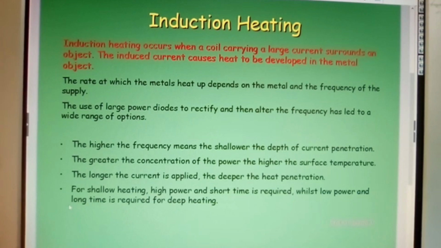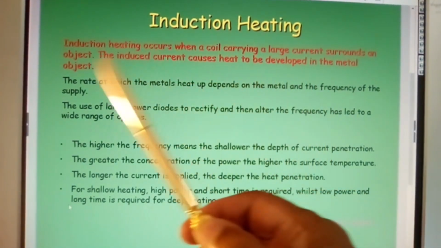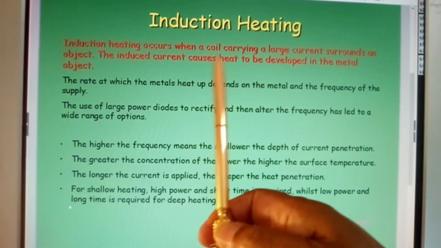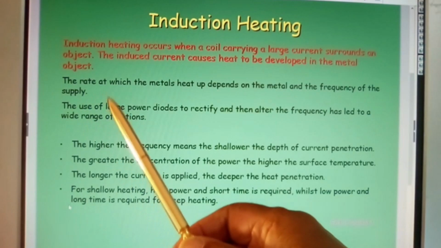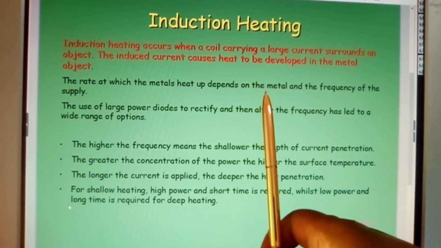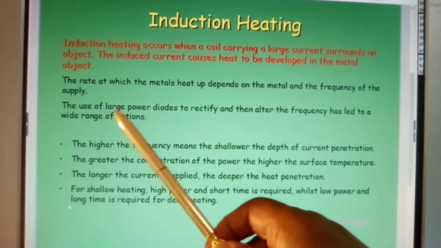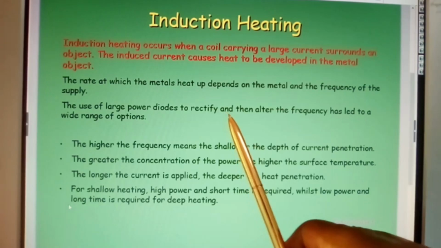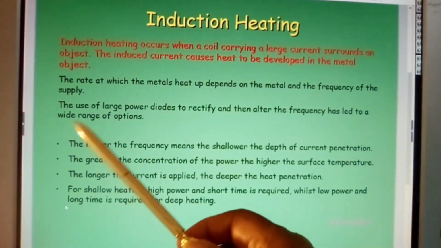Induction heating. Induction heating occurs when a coil carrying a large current surrounds an object. The induced current causes heat to be developed in the metal object. The rate at which the metals heat up depends on the metal and the frequency of the supply. The use of large power diodes to rectify and then alter the frequency has led to a wide range of options.